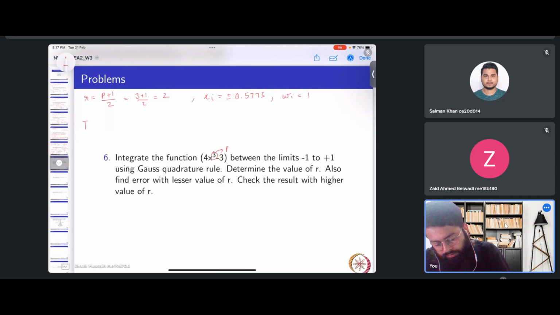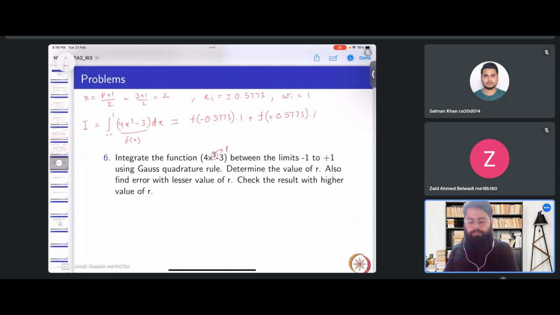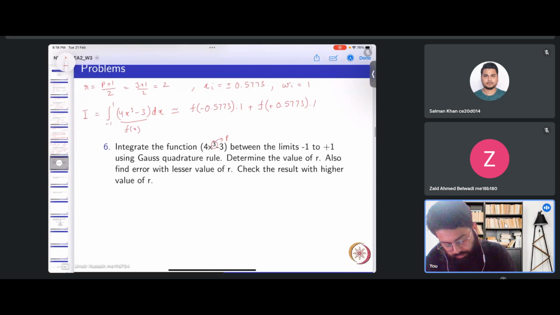So the integral from minus 1 to 1 of 4x cubed minus 3 dx can be roughly approximated as, let's say this is f of x, the value of f at minus 0.5773 times 1 plus the value of f at plus 0.5773 times 1.